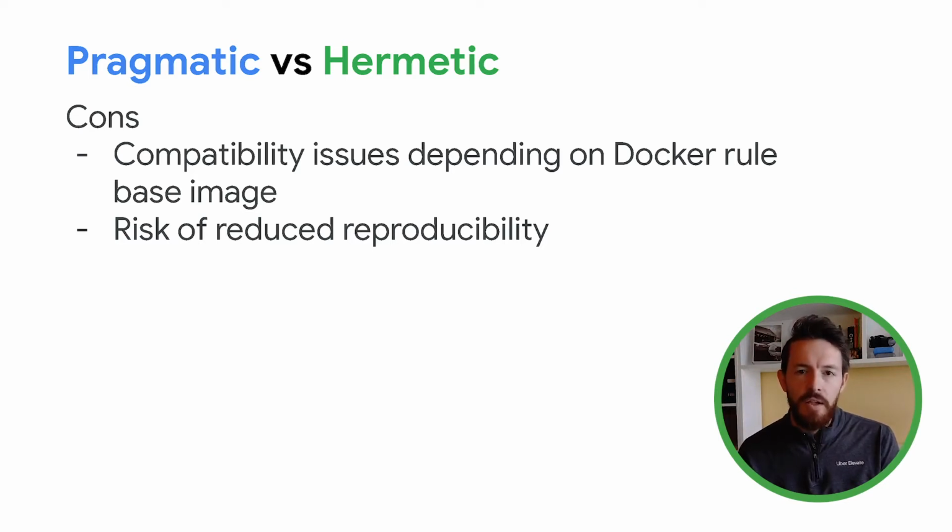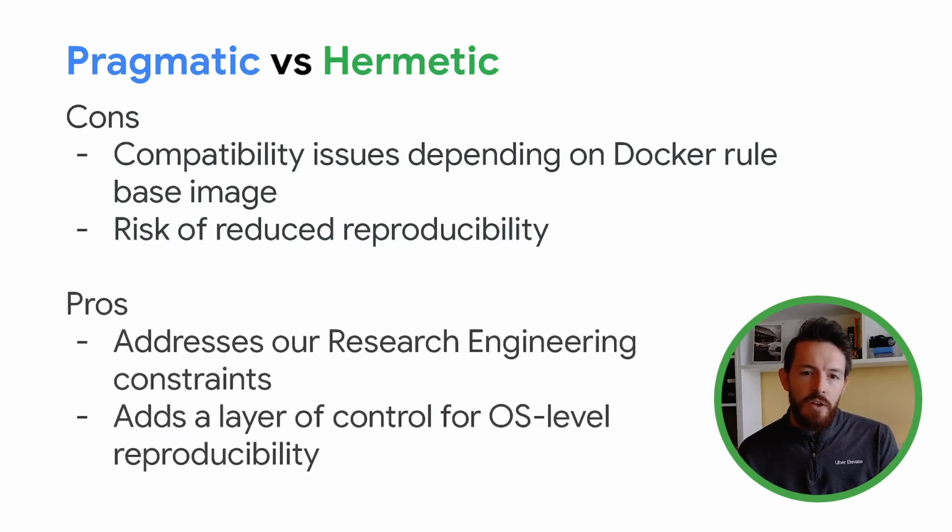We'll talk about it a little bit later in the presentation. In terms of advantages, this setup allows us to address most of our research engineering constraints. On top of that, it adds a layer of control to make the research platform more portable across operating systems.